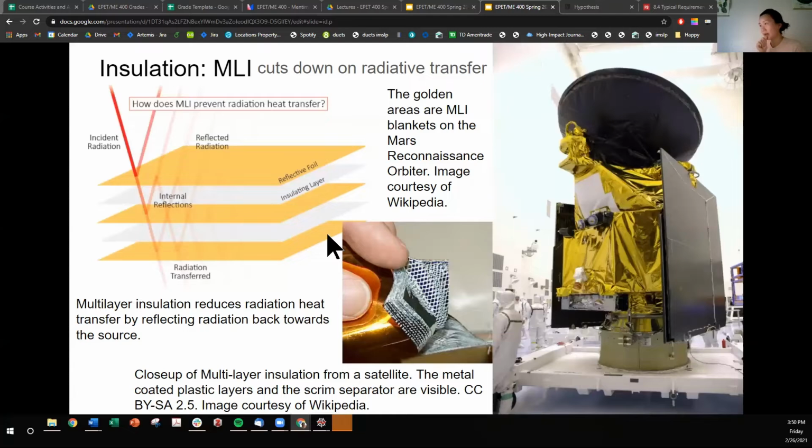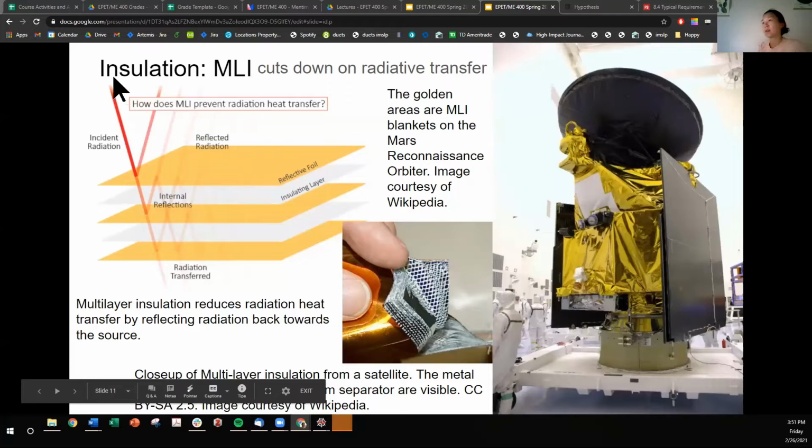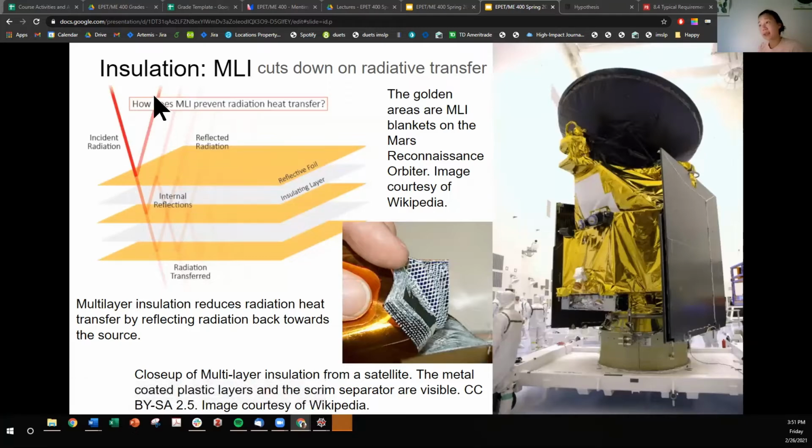Typically, you'll see the use of mylar as the reflective foil. Insulation works in the way that there's some incident radiation. A lot of that gets reflected away from that reflective foil, but what does get through to the next layer would get reflected away from that second reflective foil.